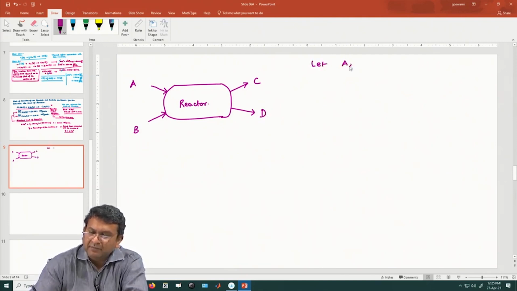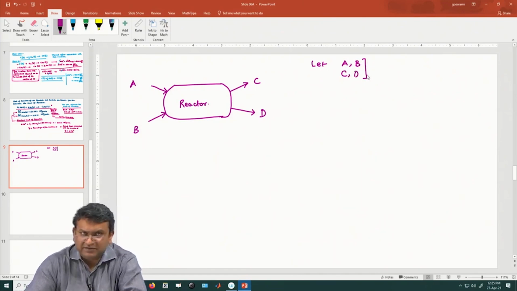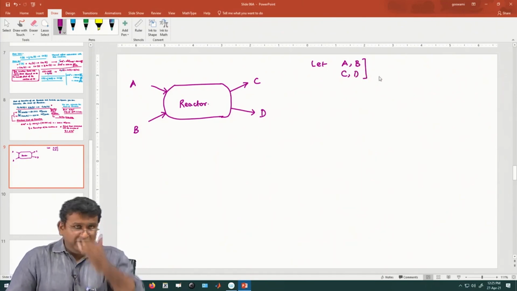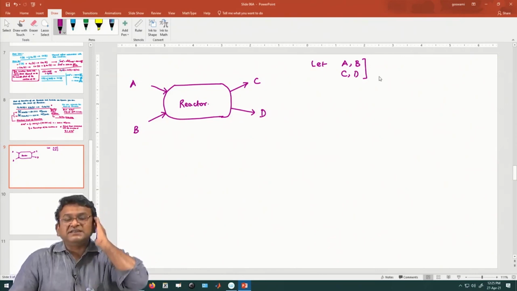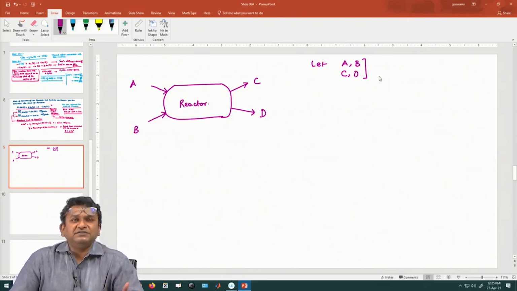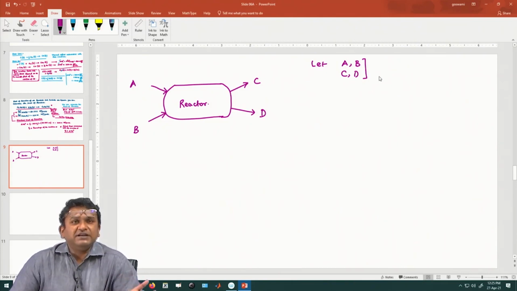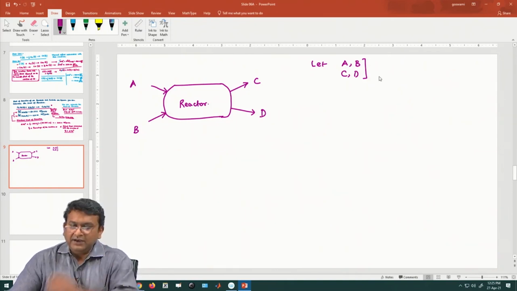Let A and B and C, D all be compounds, or some can be elements also, right. What is the only difference if you have a compound versus an element? If you have compounds, you will have non-zero heat of formation values. If you have elements, the heat of formation values will be 0, right.